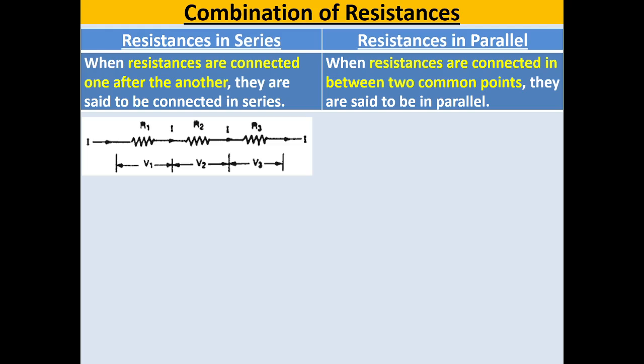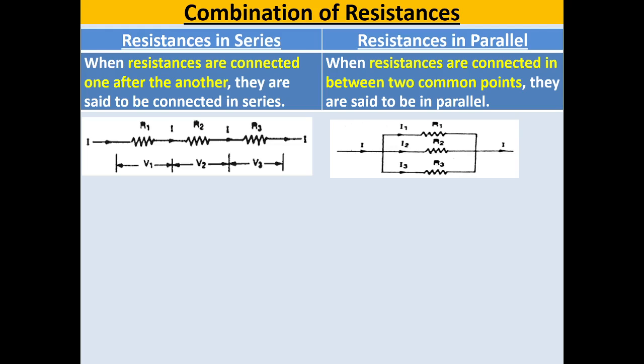In such a case, the current flowing through each resistance is the same because the current has only one path to flow. So the current through each resistor is the same, but the potential difference or voltage across each resistance is different: V1, V2, V3 for the resistances R1, R2 and R3.